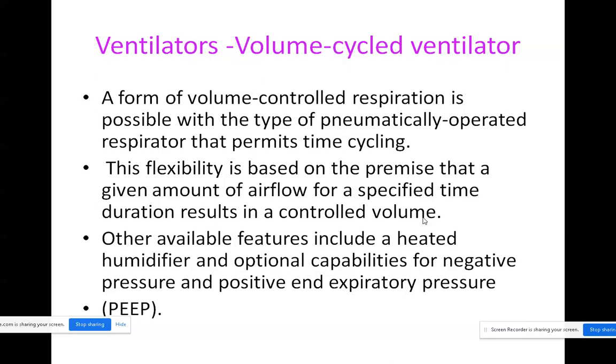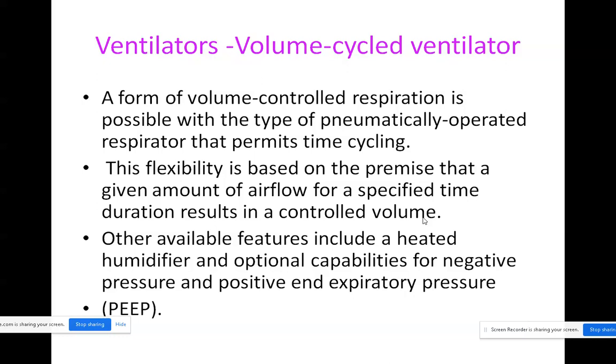Other available features include a heated humidifier. So other features available in the ventilators are a heated humidifier and optional capabilities for negative pressure and positive end expiratory pressure. So three other features are present here. One is the humidifier. The same ventilator device can be used as a humidifier.